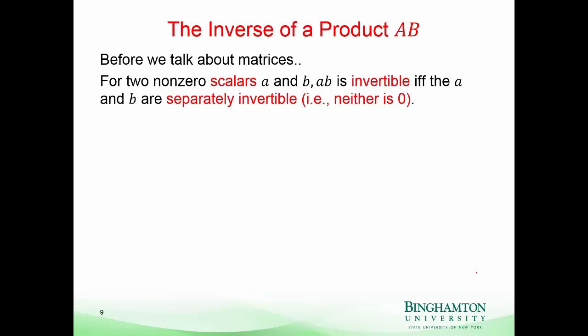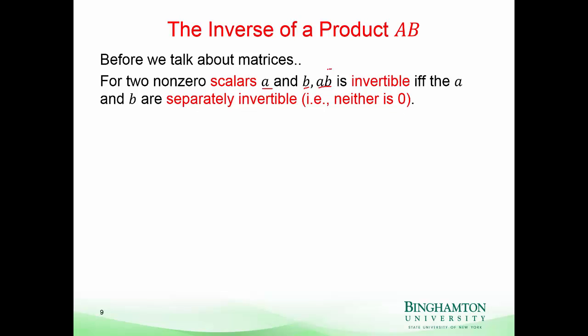All right, inverse of a product AB. So remember, first of all, we said that there's no guarantee that we can even multiply A times B. But here we're going to assume that we can. And we'll motivate this first, again, by dipping back into the world of scalars. So suppose I've got some number A and some number B, and I form their product, AB.